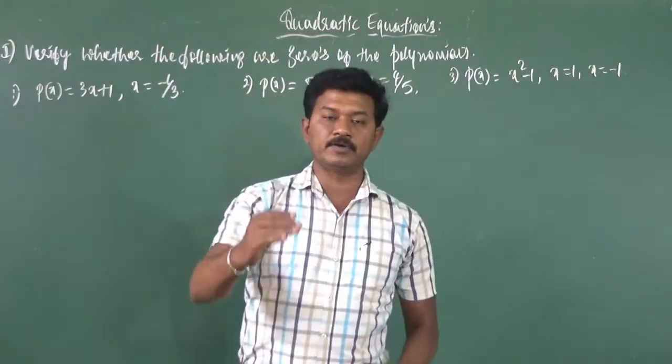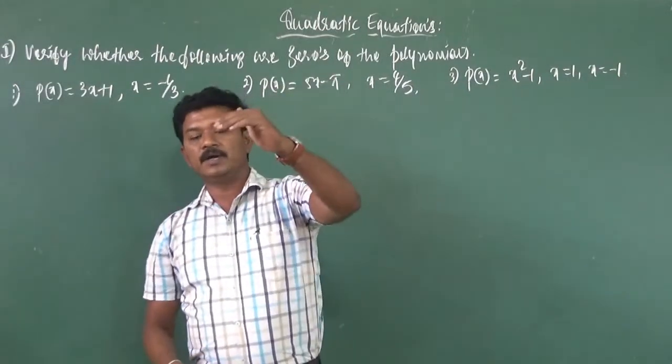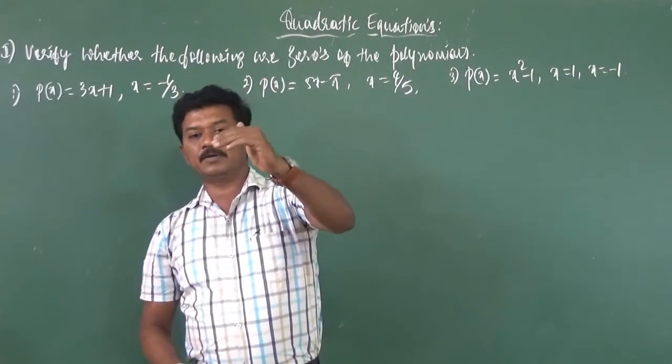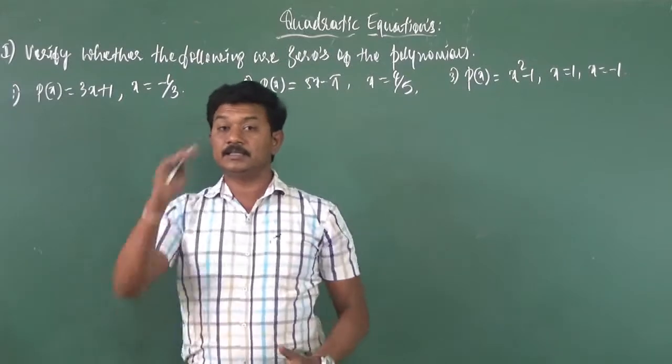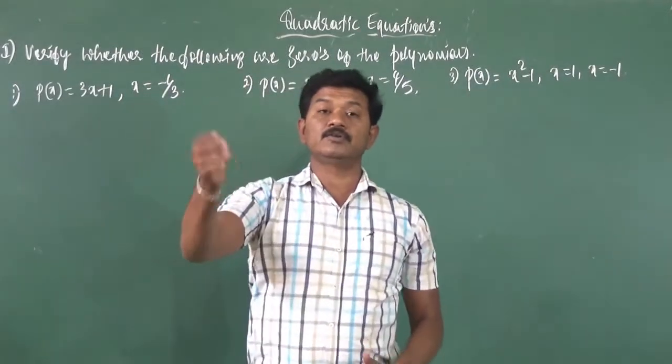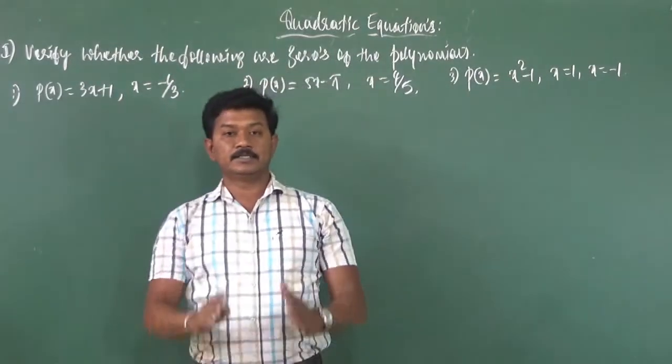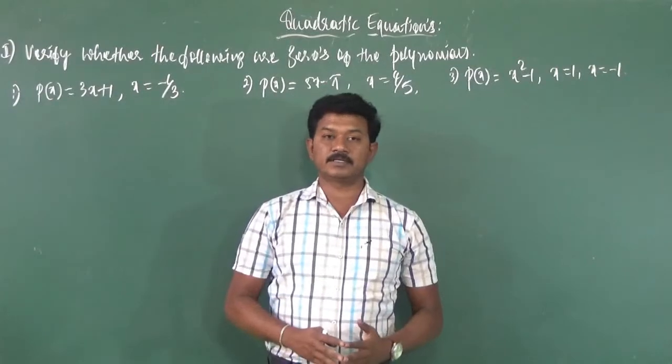For any polynomial, if you substitute a value and that value makes the polynomial equal to 0, then that value is called the zero of that polynomial. This is very important, right?